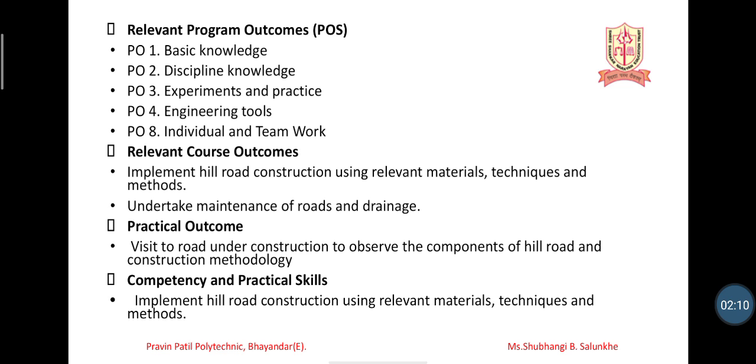The next one is PO4, engineering tools: applying relevant engineering techniques and tools with an understanding of their limits. Then PO8 is individual and teamwork, that is to function effectively as a leader and team member in multidisciplinary teams. So like this you should have all this knowledge. After having all this knowledge you can perform this practical.